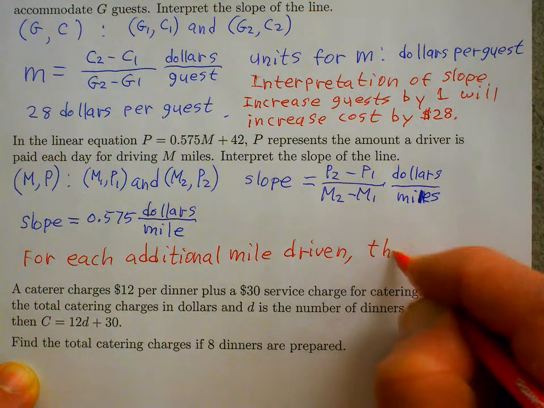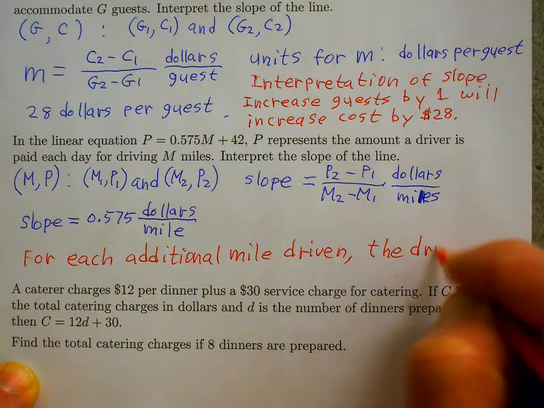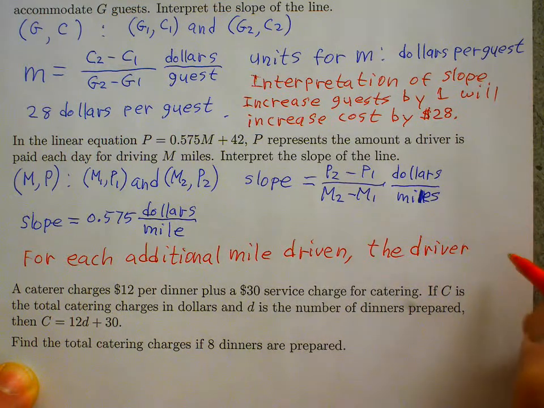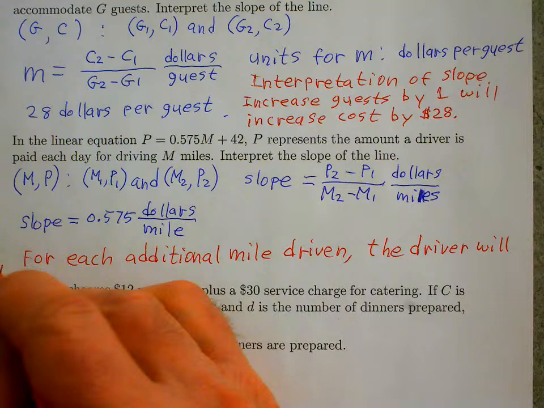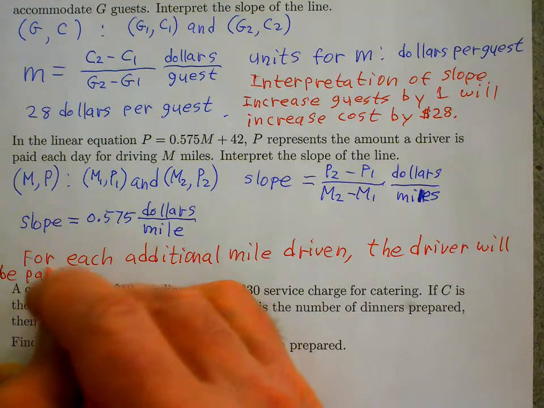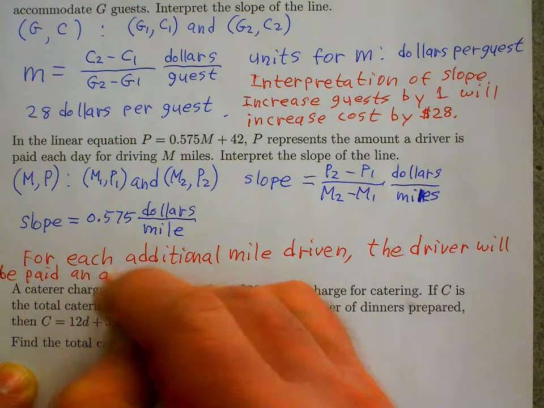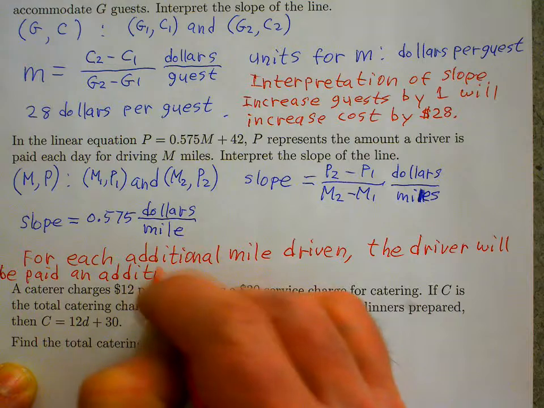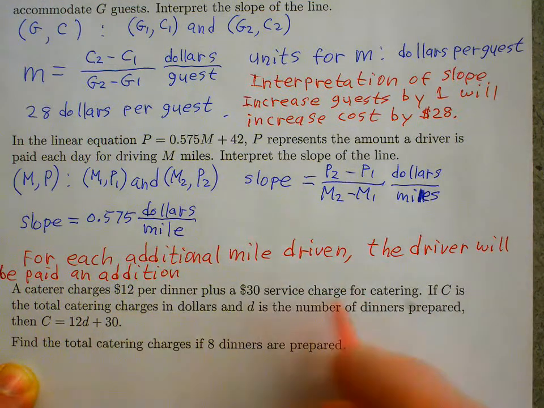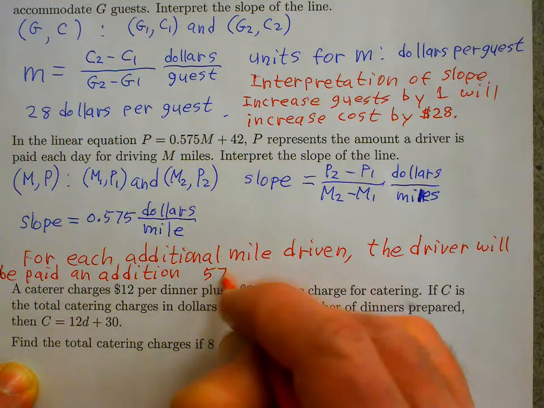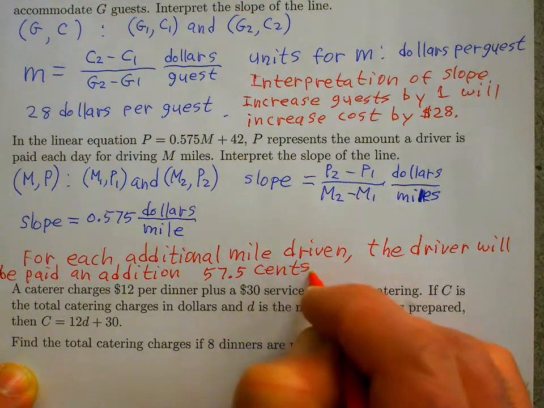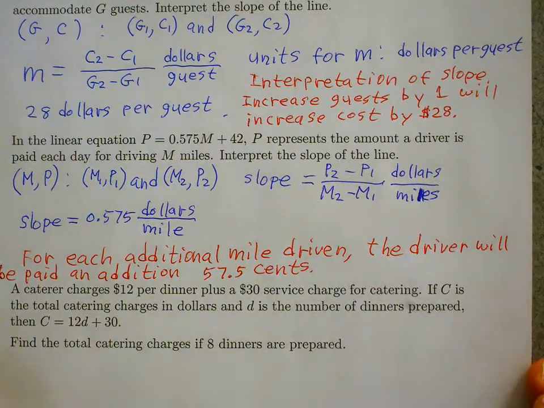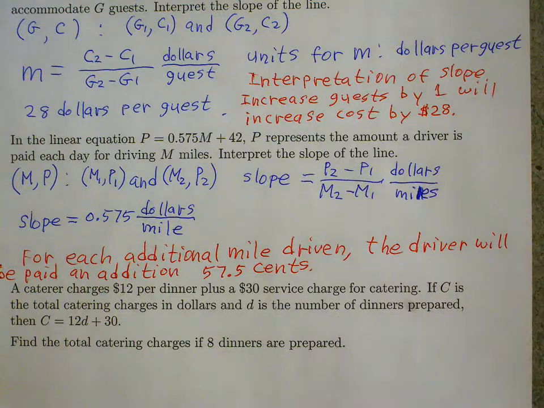So the driver will be paid an additional 57.5 cents, a little over half a dollar for each additional mile.